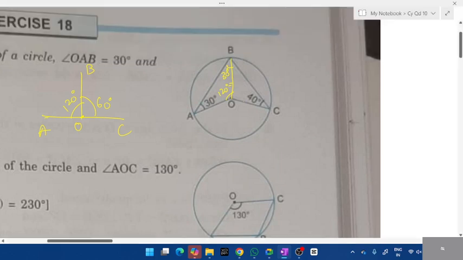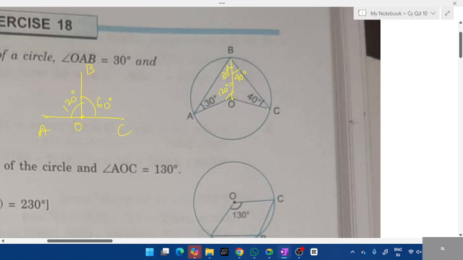You were on. Look at angle BOC. In triangle BOC, which two sides are equal? Why? What's the reason? If the radii are equal, which two angles are equal here? OCB should be equal to OBC, right?